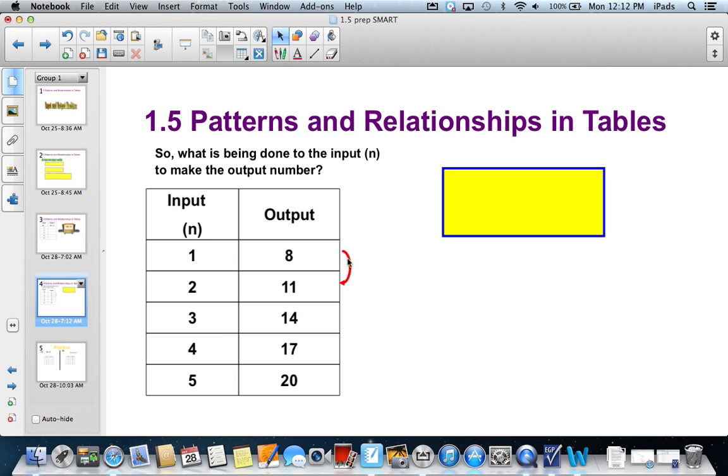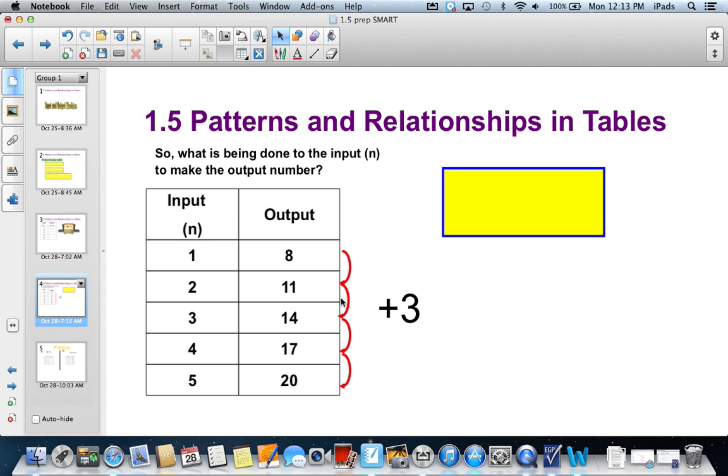What you do is you look at the jump in your output numbers. So I jumped from 8 to 11, and then from 11 to 14, and then from 14 to 17, and then from 17 to 20. All of these numbers are going up by 3. 8 plus 3 is 11, 11 plus 3 is 14, 14 plus 3 is 17, and 17 plus 3 is 20.